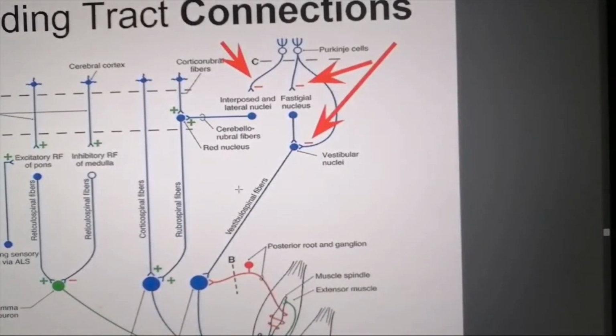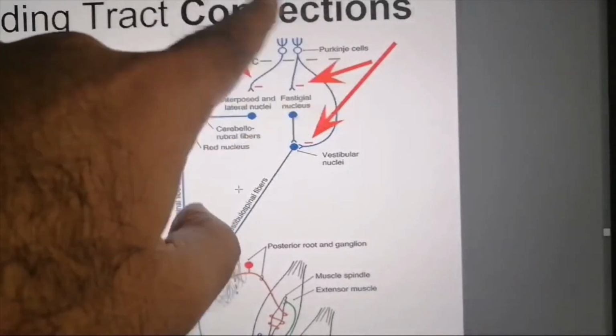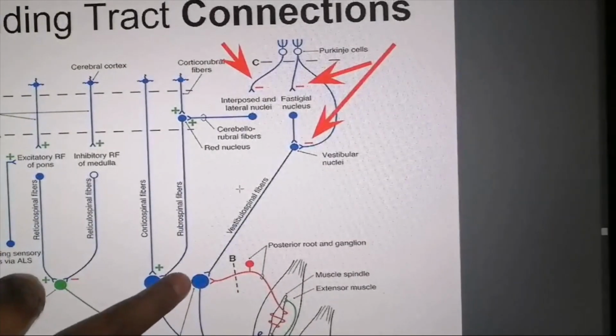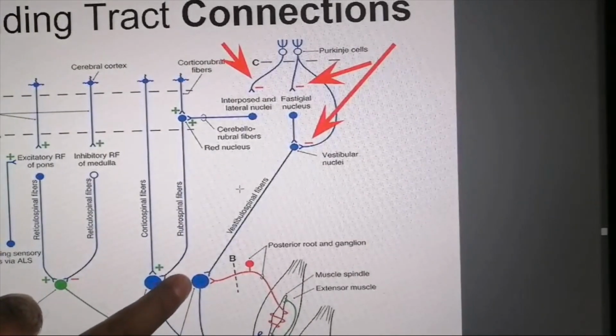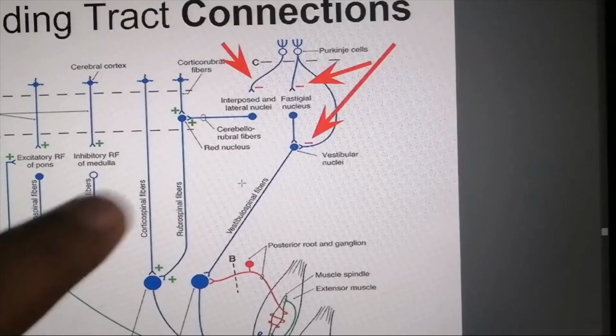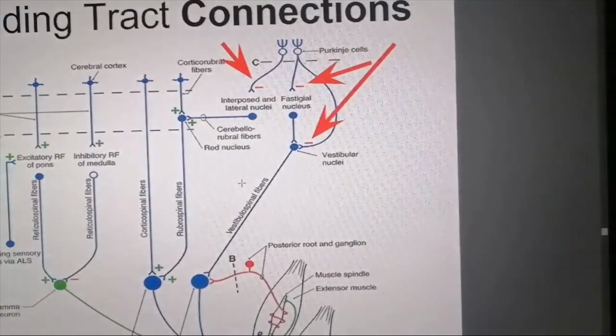All right, let me say it in one other way. If I were to cut the cerebellar inhibitory influence, if I were to get rid of this cerebellum here, what do you think will happen at this point to the extensor alpha? It would be released from the inhibitions of the cerebellum, would it not?